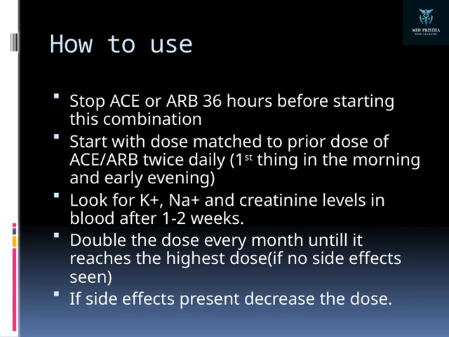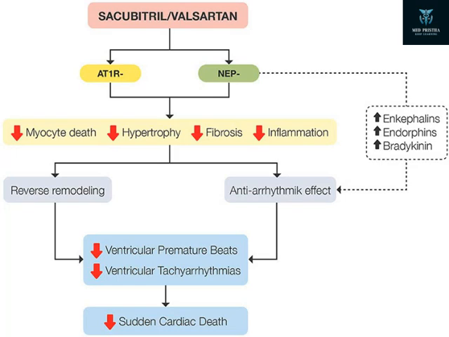However, if any side effects develop, it's important to decrease the dose promptly. Patient safety is always the top priority, and adjusting the dose based on their response can help prevent adverse events. Overall, careful monitoring and gradual dose escalation are key to safely using this combination therapy and achieving the best outcomes for our patients. This slide doesn't contain enough information. That's why we're moving to the next slide.